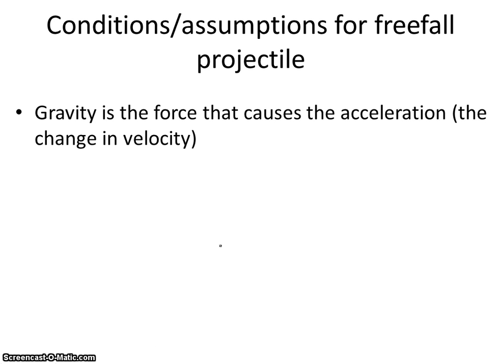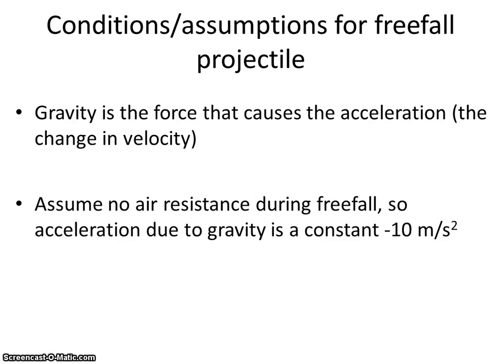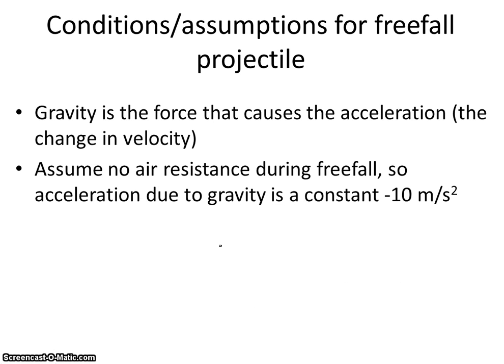So here are a couple of things to keep in mind when we're talking about a projectile that's freely falling. Gravity is the only force acting on it. That's the only thing that's making its velocity change, but the gravity stays the same. We're also going to assume in this whole unit that there's going to be no air resistance. So acceleration will always be negative 10.